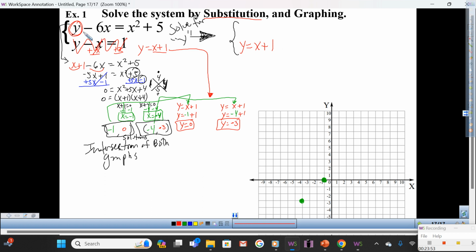How about the top one? What do we need to do to leave y by itself? Tell your neighbor, please, what do you do to leave y by itself on the first one? Yeah, Vianney, what do I do? To leave y by itself?